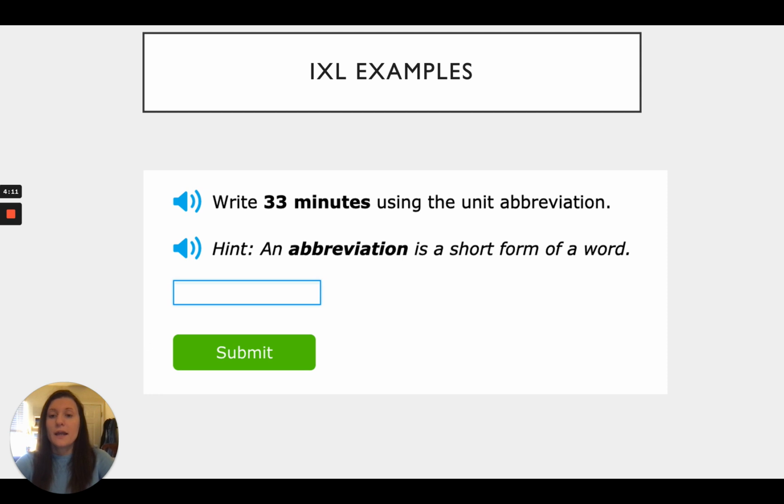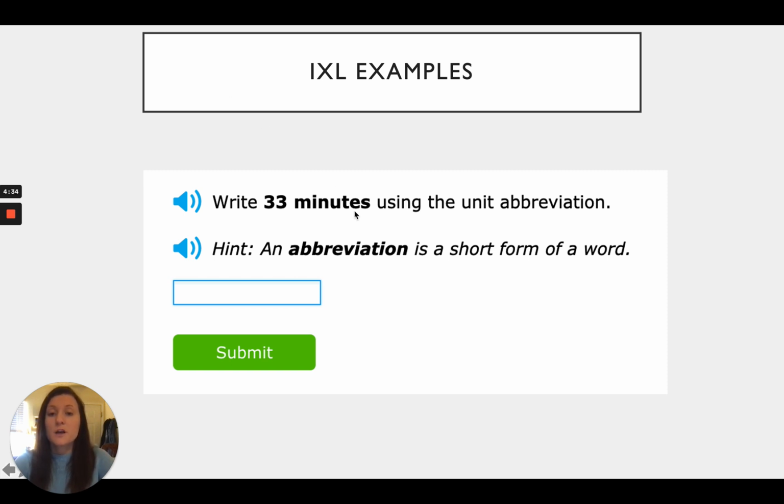All right, now we have write 33 minutes using the unit abbreviation. So this time we're going to be doing time abbreviation. And they do give you the hint as well that an abbreviation is a short form of a word. So we're taking the full word and we're only using a few letters to mean the same thing.